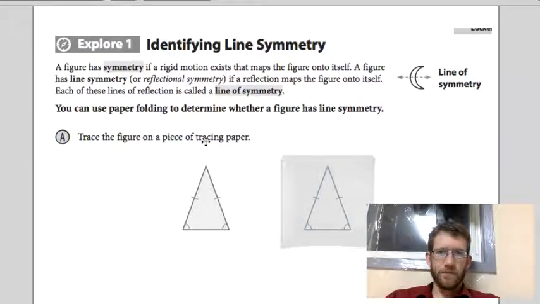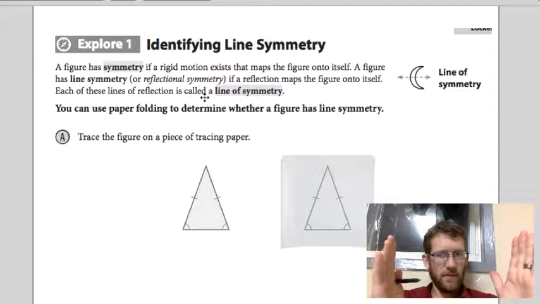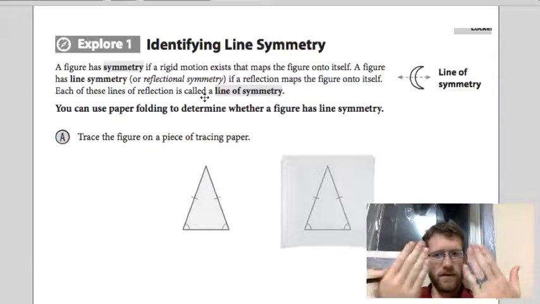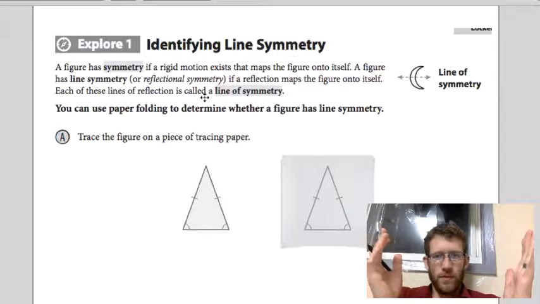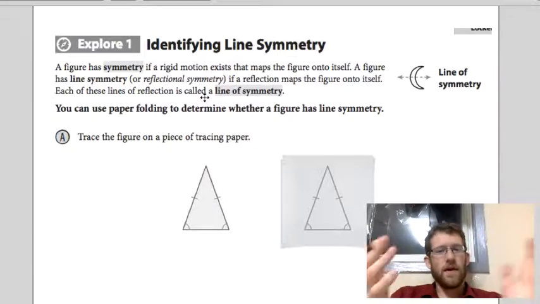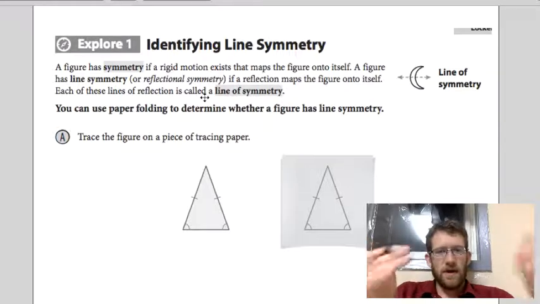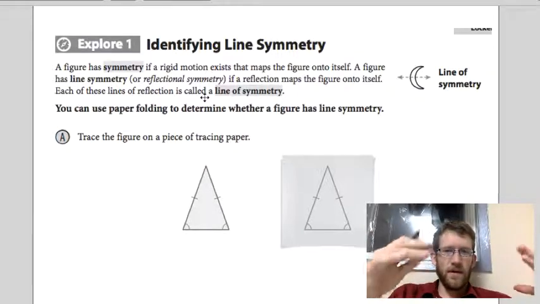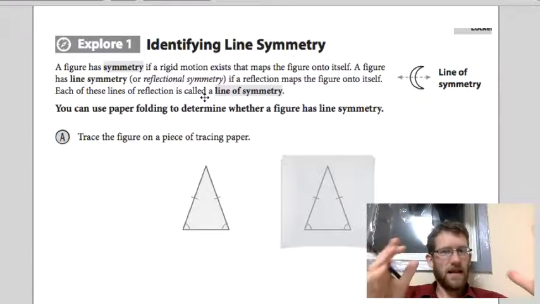In this case, we'll start off talking about line symmetry, or reflectional symmetry, where part of something is a mirror image of the other part, right? So humans and a lot of animals, I go back to biology examples. In biology class, hopefully you learned that some living things have bilateral symmetry.